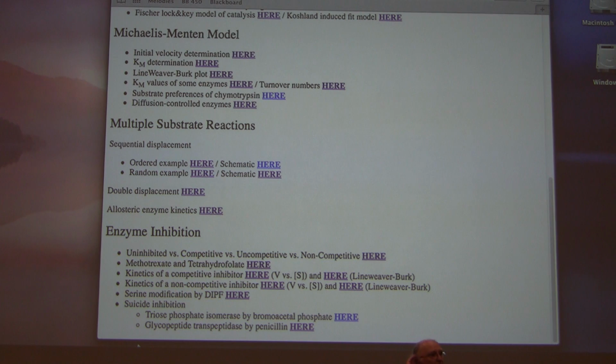I'm sorry, can you repeat your question? Okay, so the question is, if this DIPF treats an enzyme and it binds to serine that's not in the active site, will it inhibit the enzyme? Well, if you think about this, you don't exactly know. You can't exactly tell. Because why? Because protein structure is essential for function.